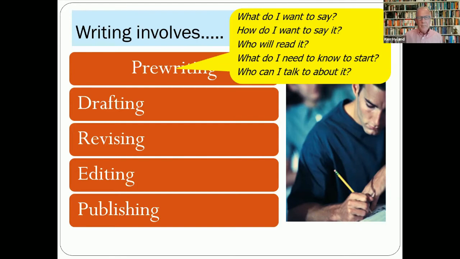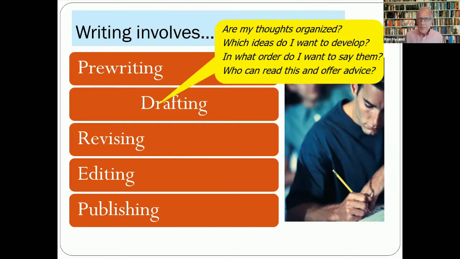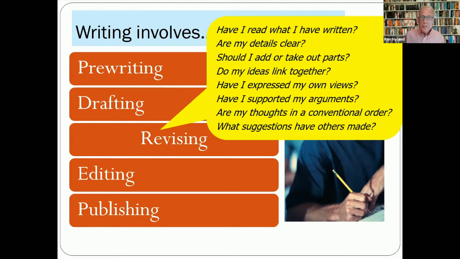Then there's multiple drafts where students improve each one, reflecting on whether it's effective or not. Then there's revision based on feedback, either from peers or from the teacher, or increasingly from computers in automated systems.